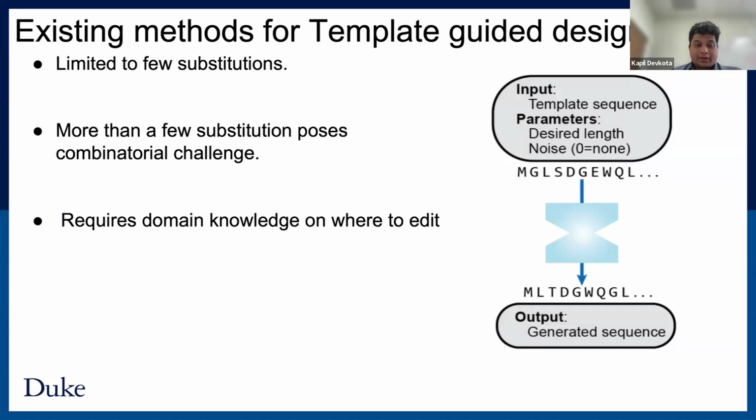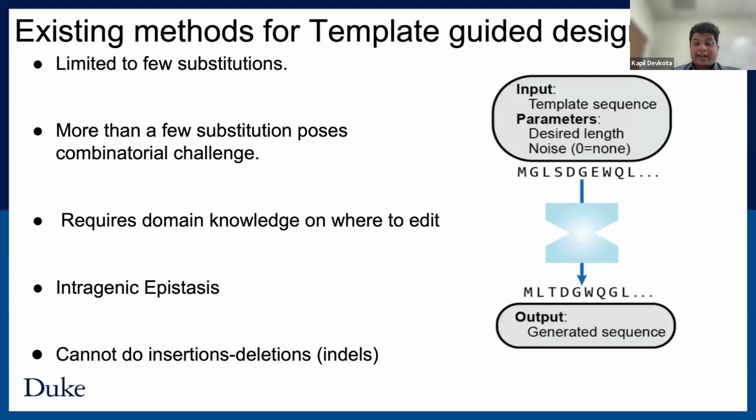Also, it cannot model higher order properties like epistasis, which basically means mutation at two sites is not equivalent to the combination of their separate effects. And obviously it cannot handle insertions and deletions.